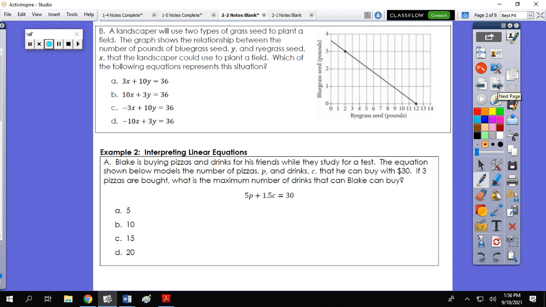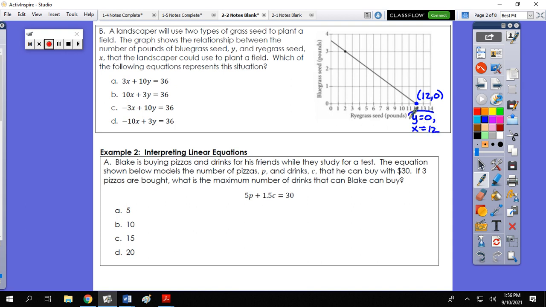A landscaper will use 2 types of grass seed to plant a field. The graph shows a relationship between the number of pounds of bluegrass seed y and ryegrass seed x that the landscaper could use to plant the field. Which of the following equations represents this situation? So again, we have an x-intercept down here of (12, 0). So that's saying when y equals 0, x equals 12.